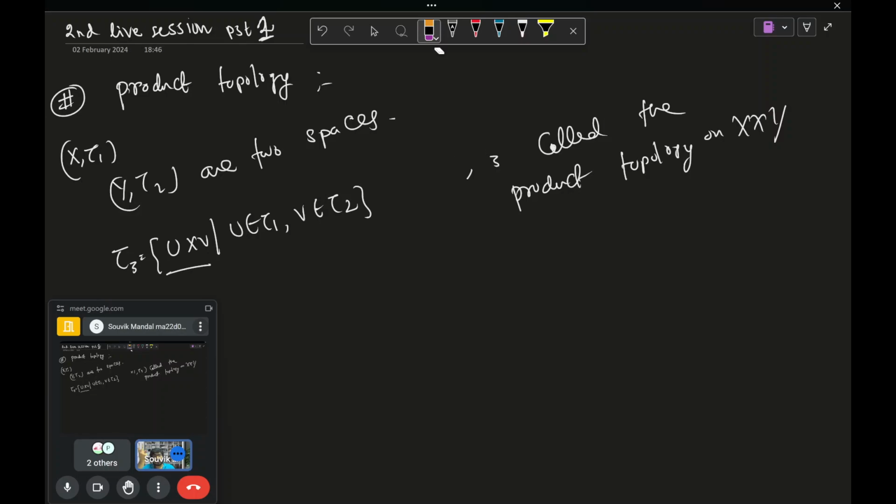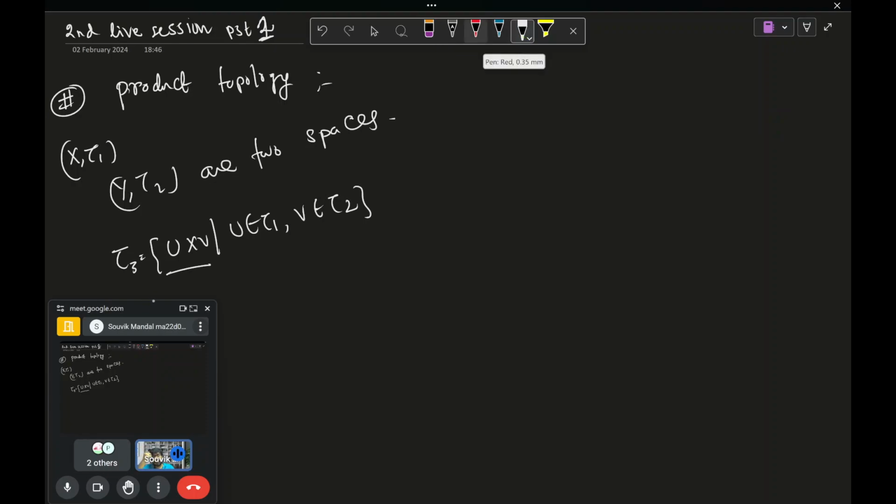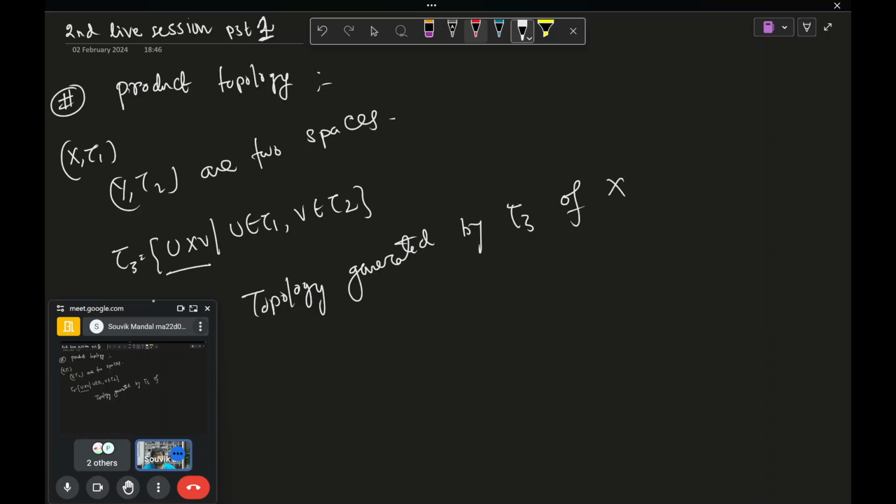Sorry, it's my mistake. We are defining tau 3 to be all those elements of the form U cross V. Now the topology generated by tau 3 on X cross Y is called the product topology.